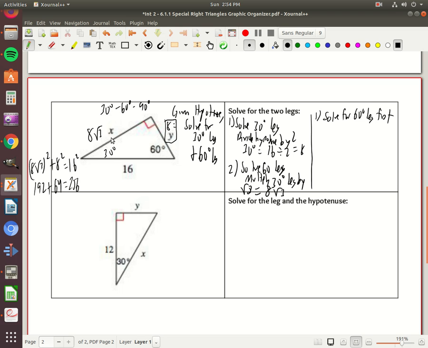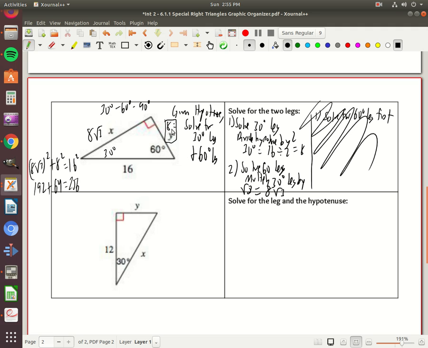I don't even know what the relationship is between the 60 degree side and the 30 degree side, quite frankly. Yeah, I would just say let's not do it this way. Let's just do it this way. First, we'll get the 30 degree leg, and then we'll use that to get the 60 degree leg. It's just going to be so much easier than trying to go straight from here to here and then back to here.